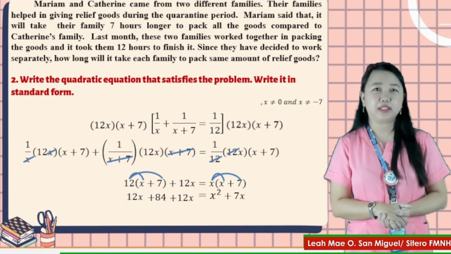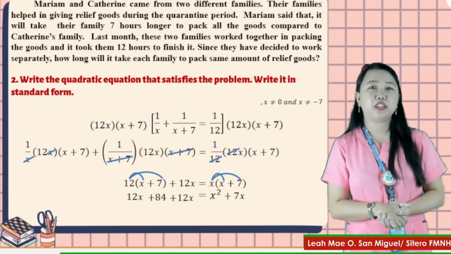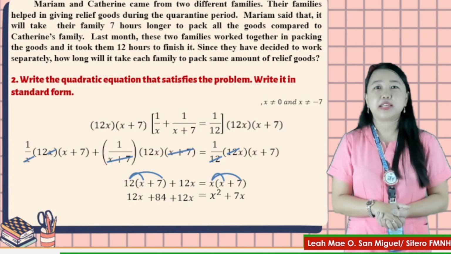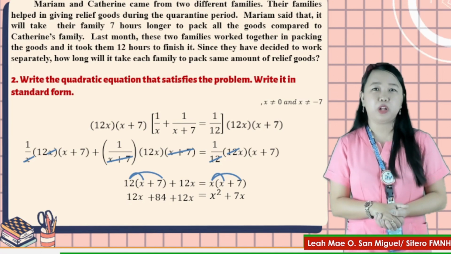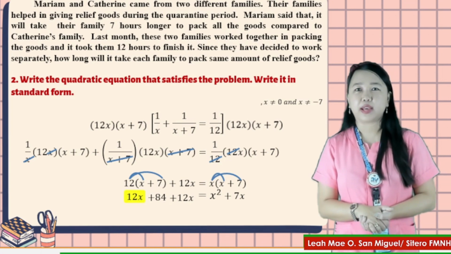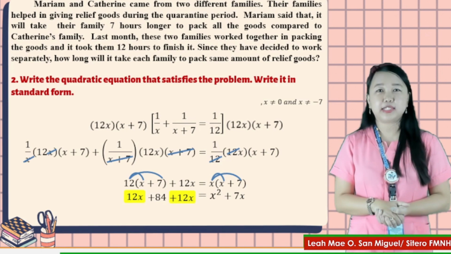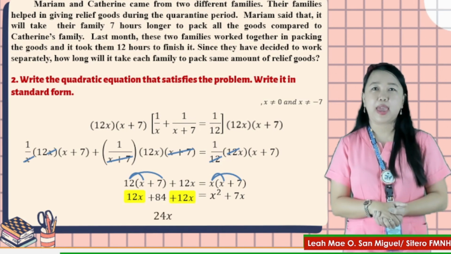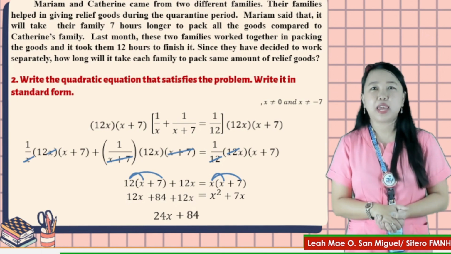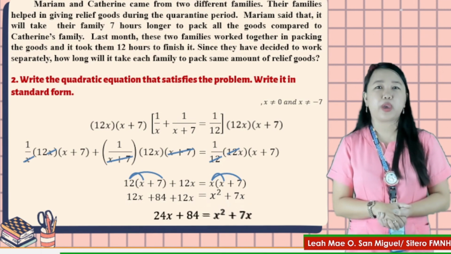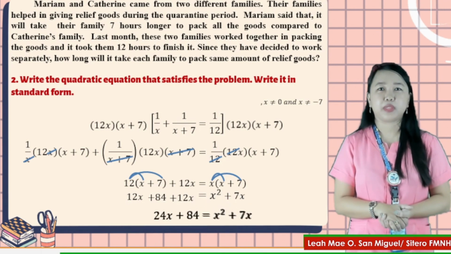This means that 12x plus 84 plus 12x is equal to x squared plus 7x. Combining similar terms, 12x plus 12x is equal to 24x. The result is 24x plus 84 is equal to x squared plus 7x.